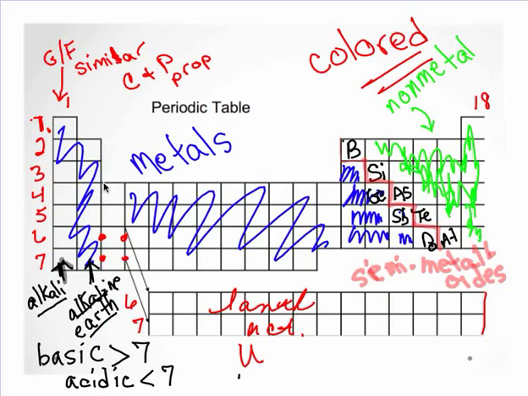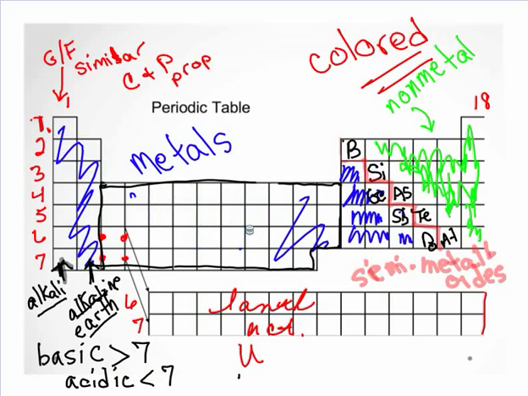Now, some people disagree a little bit on some of the nuances, but for our purposes, we're going to call this whole block in here, so all of these metals in here, let me clean up this part a little bit for you, those metals are called transition metals.